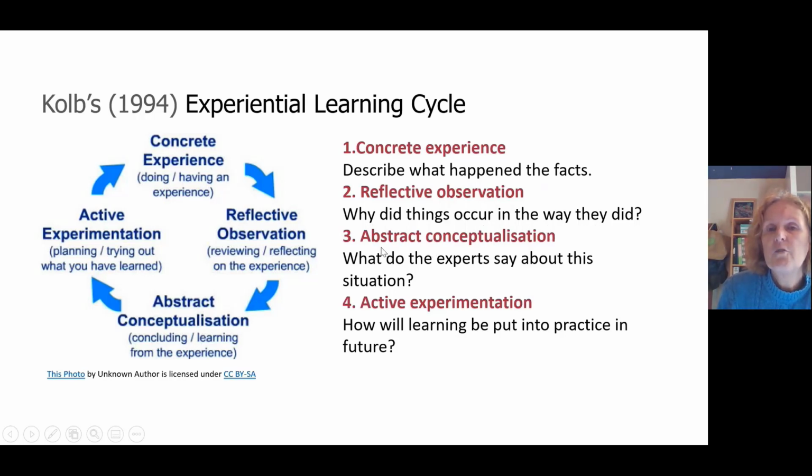The third part, abstract conceptualization, a very complicated way of saying, what do the experts say about this situation? So that would be your research. And your active experimentation is, how will you put that learning into practice in the future? So in fact, although it sounds quite complicated, it's reasonably simple and very similar to Driscoll's in a way.